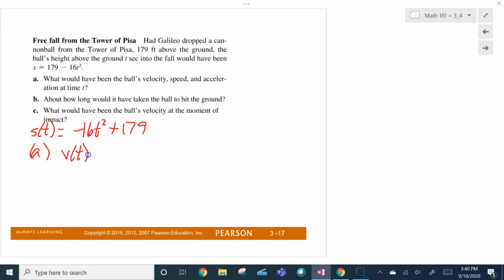Well, we know the velocity is the derivative of the position: negative 32t, and the derivative of 179 is 0. If this is feet, this would be in feet per second. What's the speed? Speed is just the absolute value of that velocity.